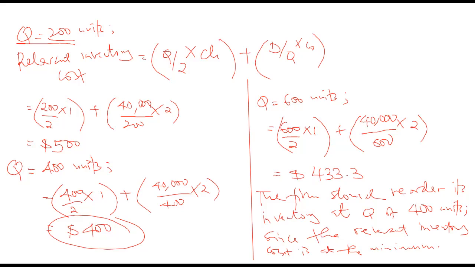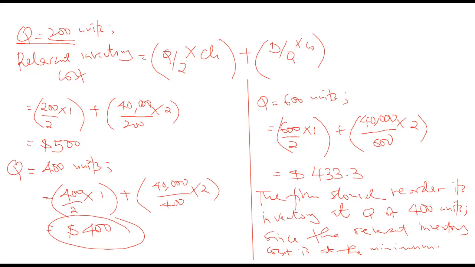You can prove to them that if we reorder at 200, the cost is higher. So you advise them that we need to reorder our inventory not at 500, not at 200, not at 600, but at 400 units. Why? Because the cost is minimum. Clear? Any question?